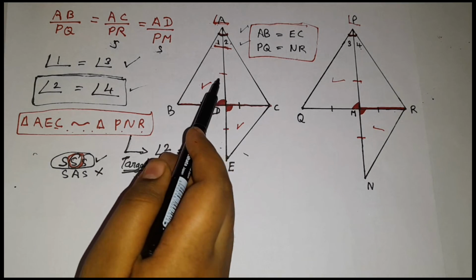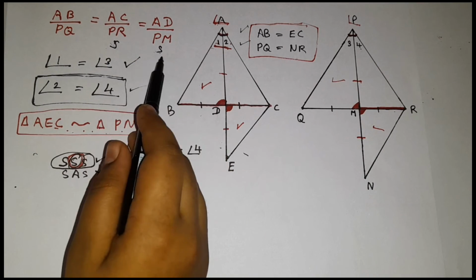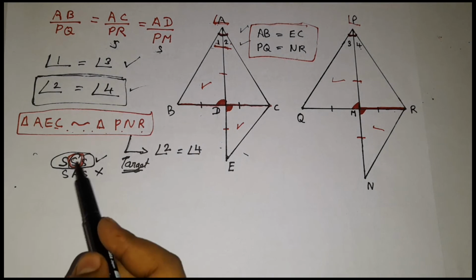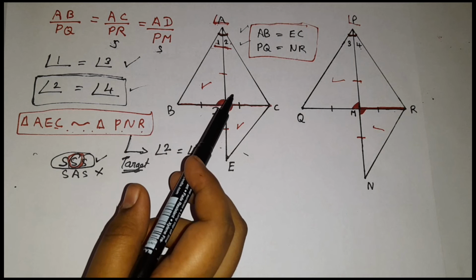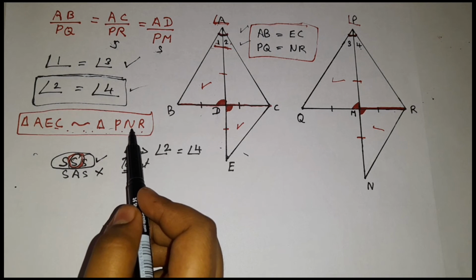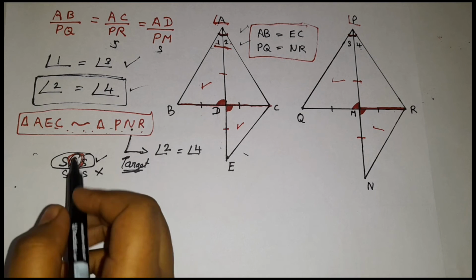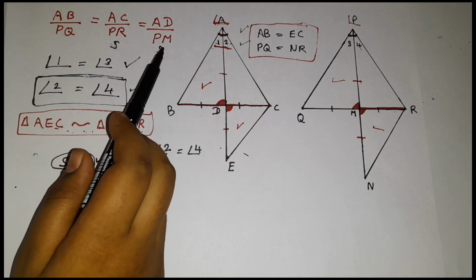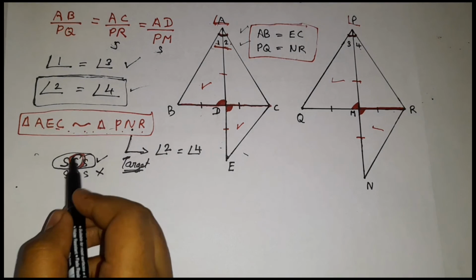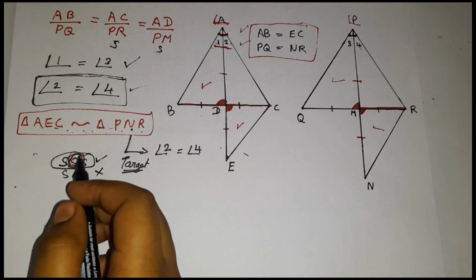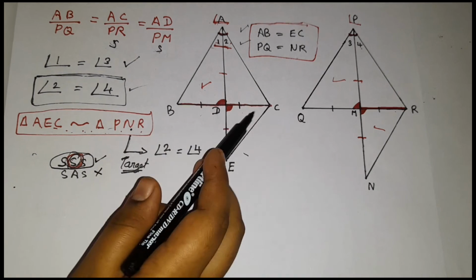For proving AEC is similar to triangle PNR, we had two side values, but one value was missing, the side value. Just because the side value was missing, we proved these two triangles as congruent.